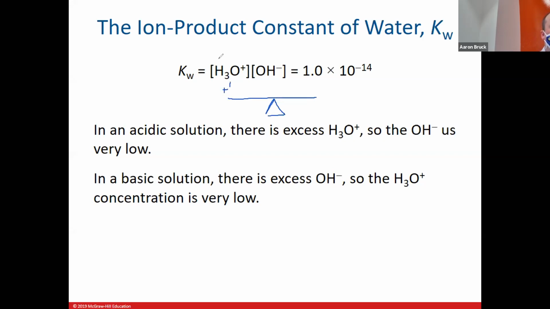I've got hydronium on one side and hydroxide on the other. When it is neutral and the two are equal to each other, we're going to have a pH that is pretty close to 7.